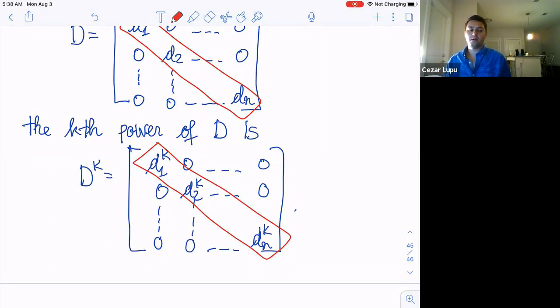Another thing, moreover, if all of the main diagonal entries of a diagonal matrix are non-zero, then the inverse of the matrix is also diagonal.